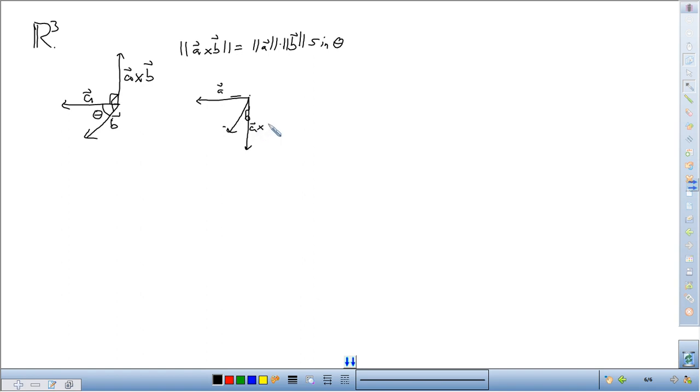So this would be potentially A cross B here. We know how long the vector is, and we know the line that the vector is sitting on, this kind of up-down line. But in terms of uniqueness, is it up or is it down for the vector?